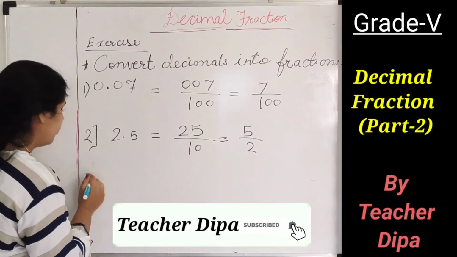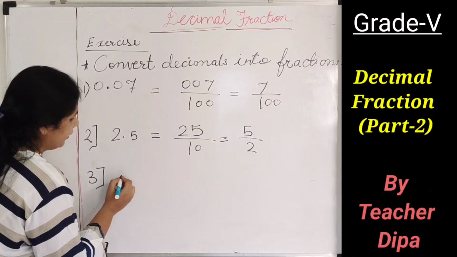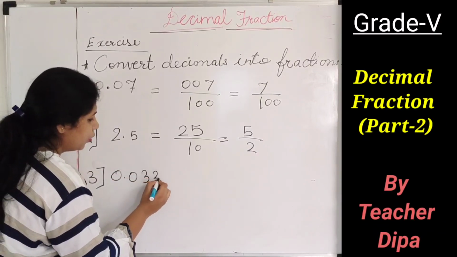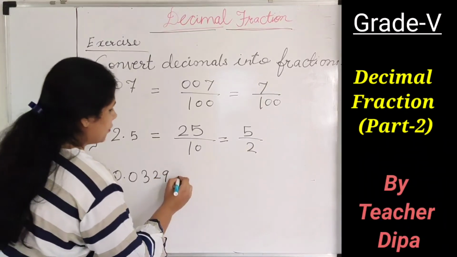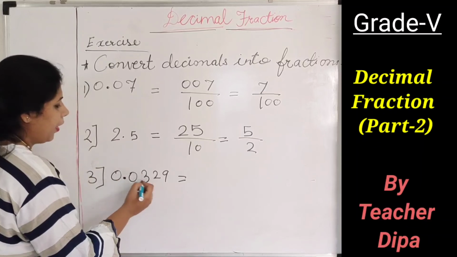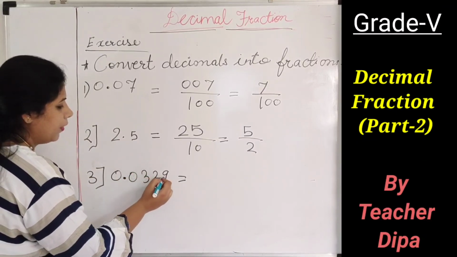One more example I am taking, that is 0.0329. So for that, after the decimal point, we are having 1, 2, 3 and 4 numbers.